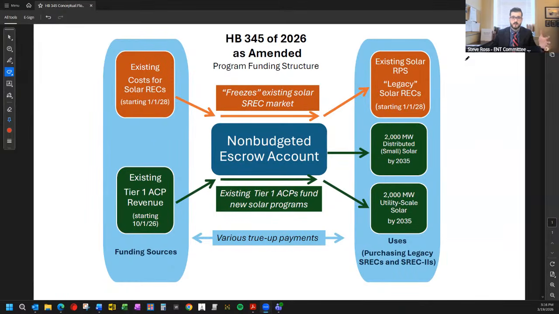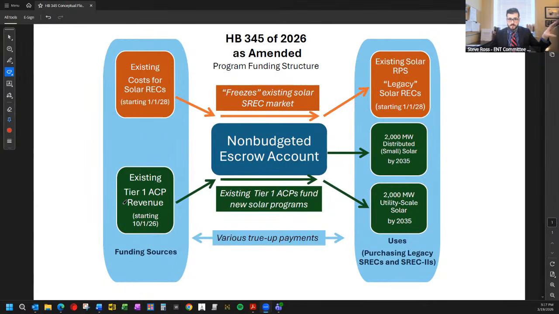Those projects that are already in the ground were built with the expectation of having renewable energy credit revenue in the future. This basically holds them harmless going forward and freezes it at that amount rather than it continuing to increase over time. The other piece of it is the existing Tier 1 ACP revenue, which has been coming in at several hundred million a year and moving forward somewhere in there.